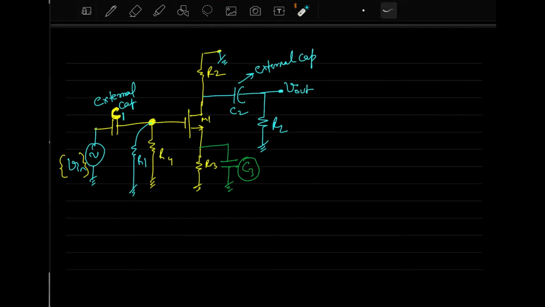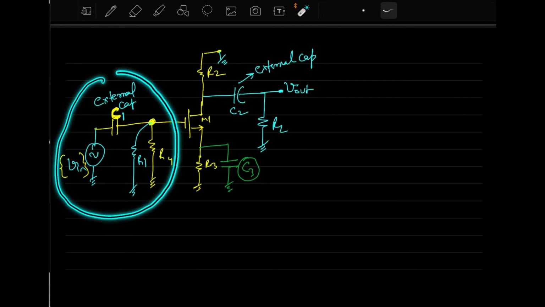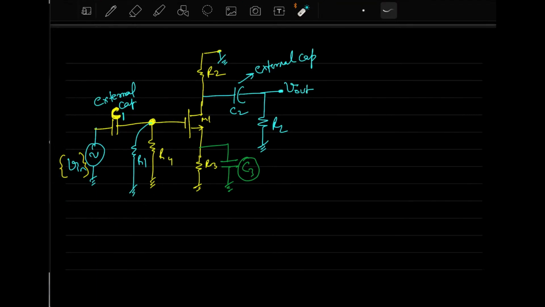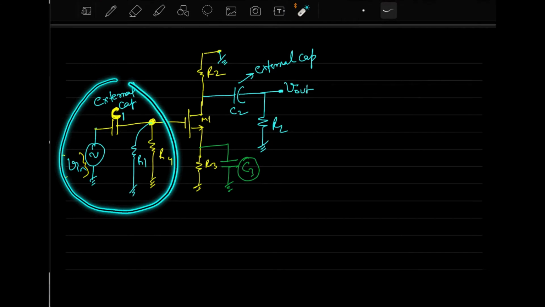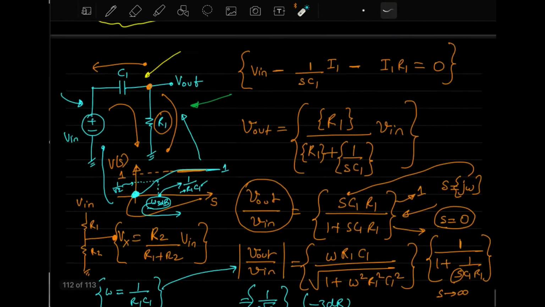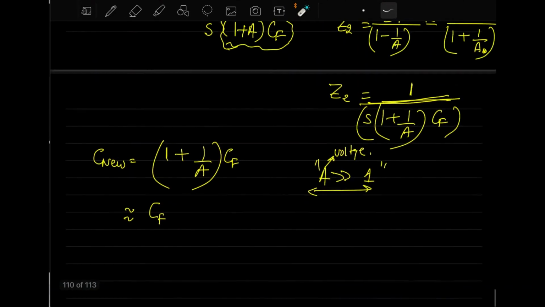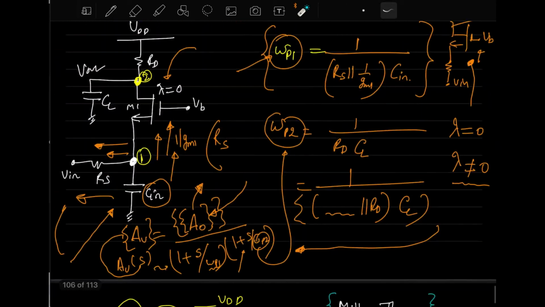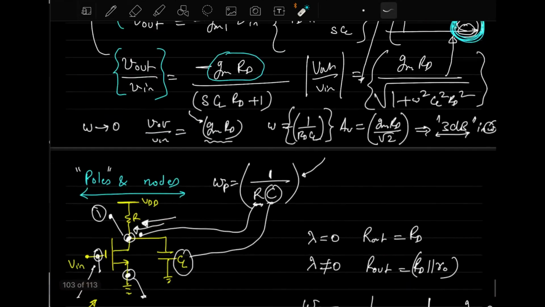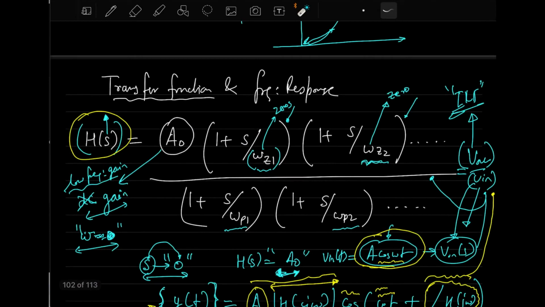So this is the practical way from where you can see this CR combination is coming. And for the other one, the one shown over here, let me go to that circuit back.